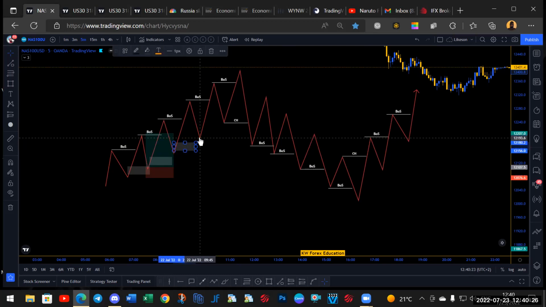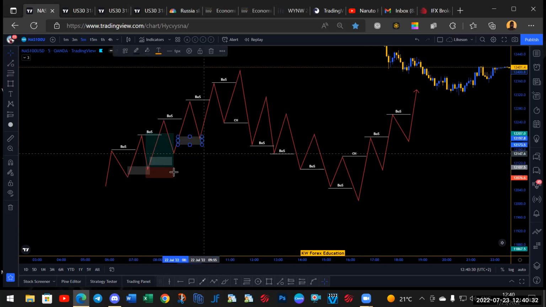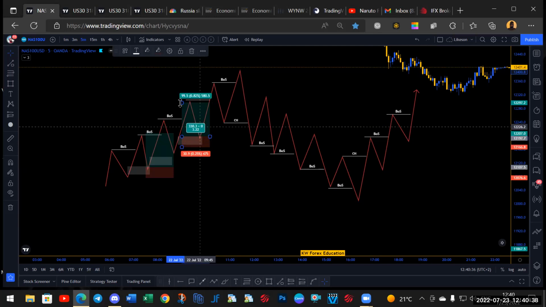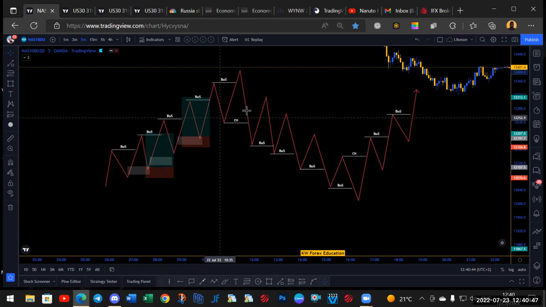If price decides to come and mitigate this order block here, you do the same thing. You buy here again, and when it goes to cause a new break of structure, you close your buys, just like that.